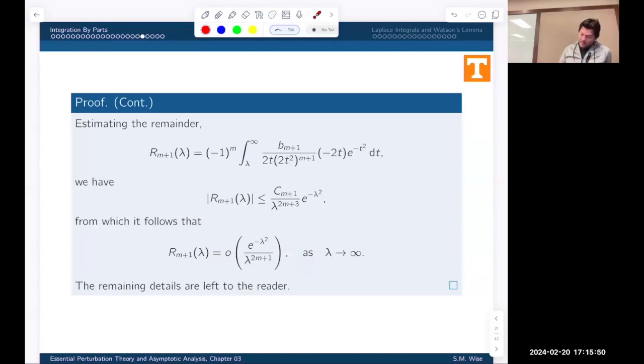And I need to show that that term here is little o of this term, which it is. Because when I invert this guy, it's going to appear in the numerator, and the power here is going to dominate. So as lambda goes to infinity, this guy is going to go to 0, no problem. So my remainder term is clearly going to be little o of e to the minus lambda squared, lambda to the 2m plus 1, because this power here is 2m plus 3.